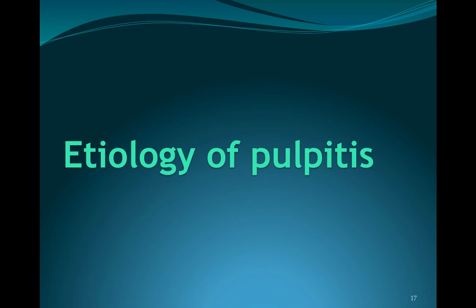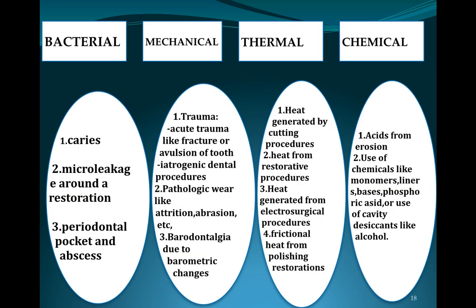Etiology of pulpitis. Generally there are four etiologies of pulpitis: bacterial, mechanical, thermal, and chemical. Bacterial causes may be caries, microleakage around the restoration, periodontal pocket, and abscess.